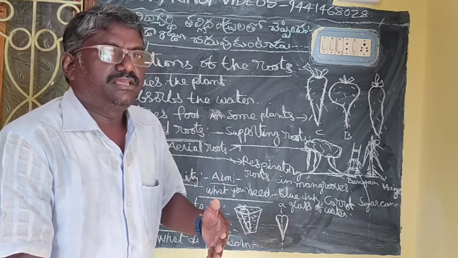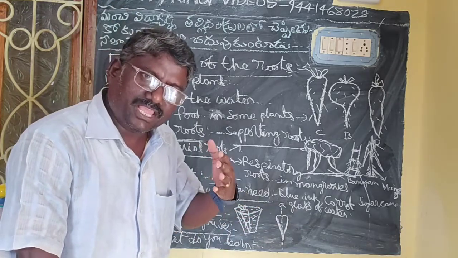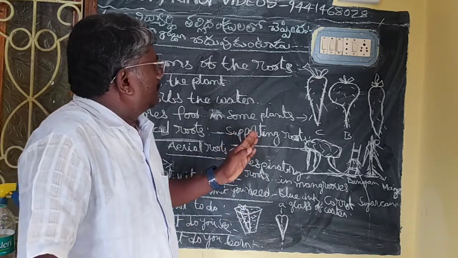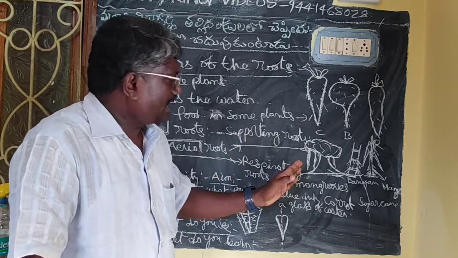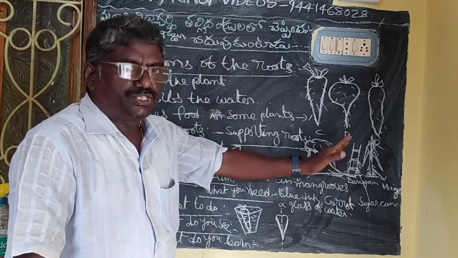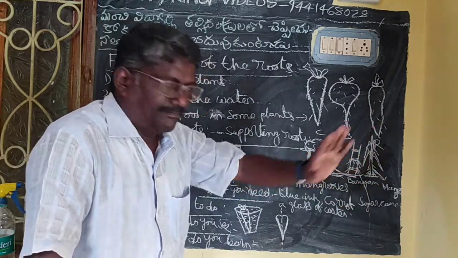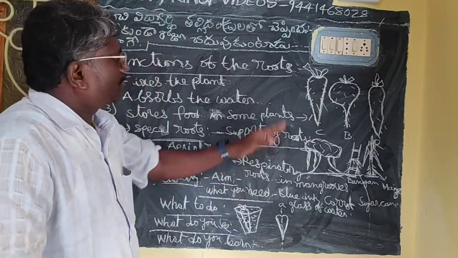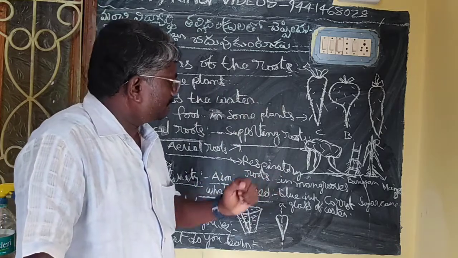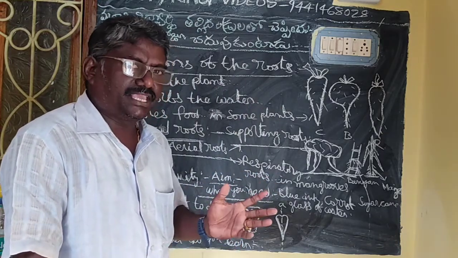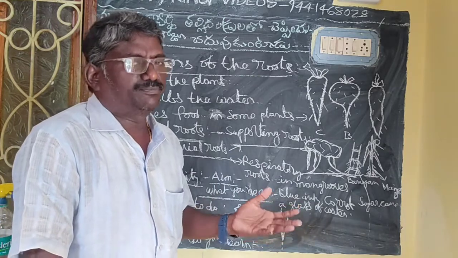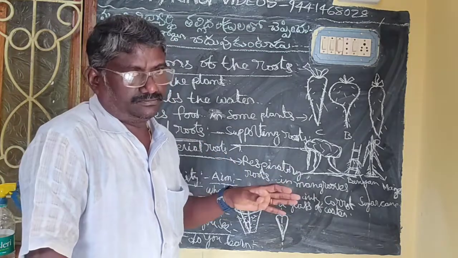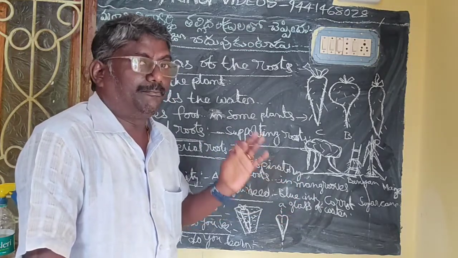Some are supporting roots, examples in the banyan tree, sugarcane, maize. The other one, respiratory roots, we can see in the mangroves, which plants grow at the seashore. They are called mangroves, Mara Aravulu.